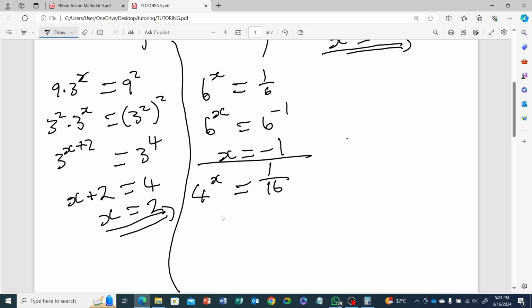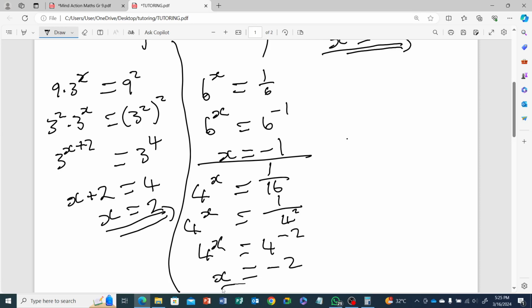Yes, you can. 1 over 16 can be written as 4 to the negative 2, so 4 to the power of x equals 4 raised to the negative 2. Now you have the same base. You equate the exponents. x is equal to minus 2. Good.